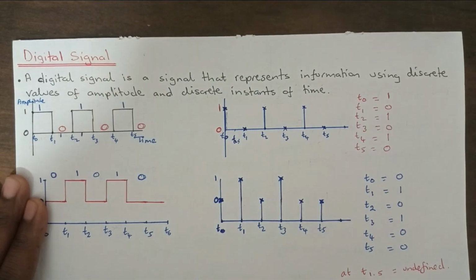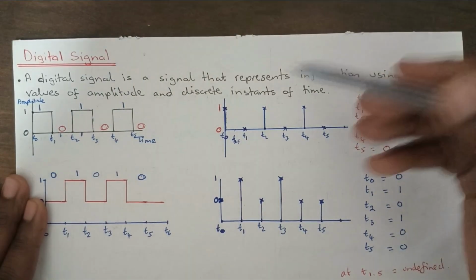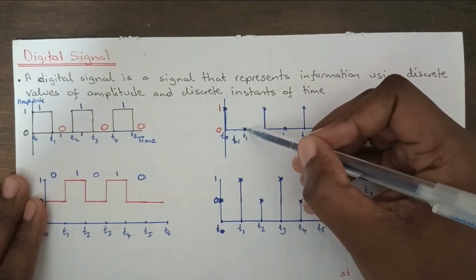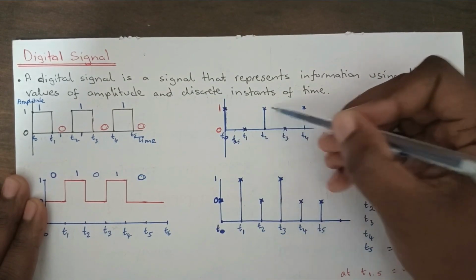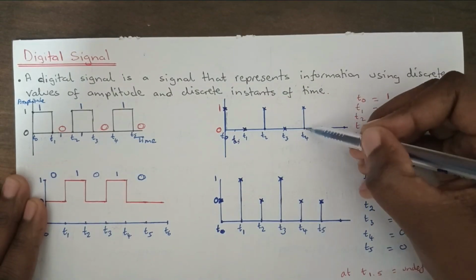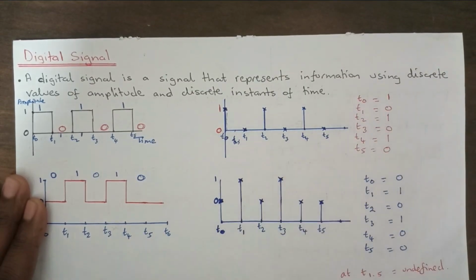To represent it clearly, I have drawn another diagram so that you can see it clearly. At t0, we've got a value of 1. At t1, we've got a value of 0. At t2, we've got a value of 1. At t3, we've got a value of 0. At t4, we've got a value of 1. At t5, we've got a value of 0.